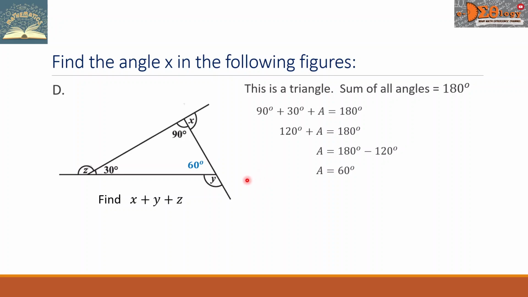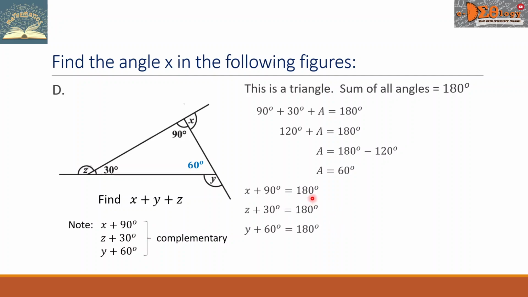Let us now solve for x, y, z, and we will get the sum. Notice that the x plus 90 degrees, the z plus 30 degrees, the y plus 60 degrees are supplementary. That means all these sums equals 180 degrees, referring to a straight angle.